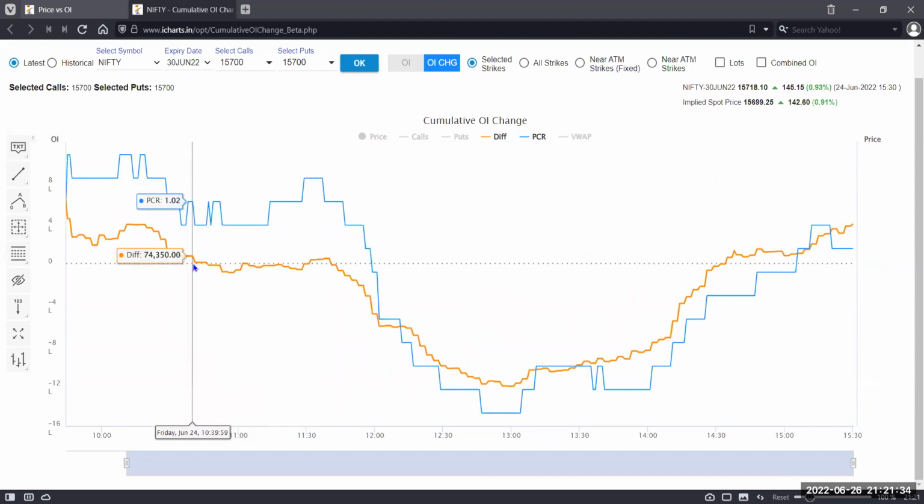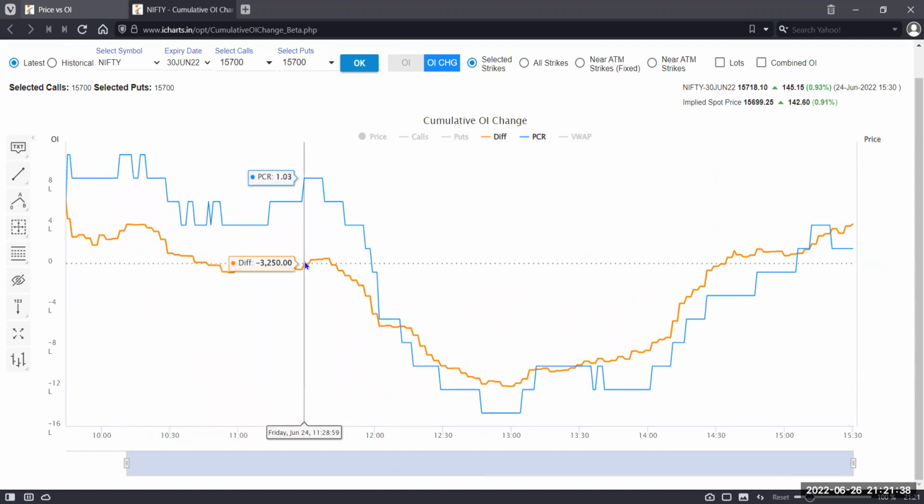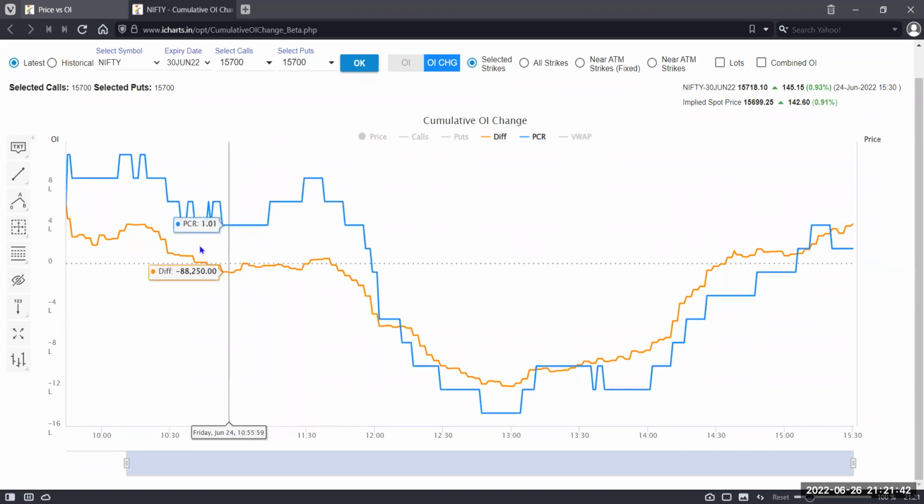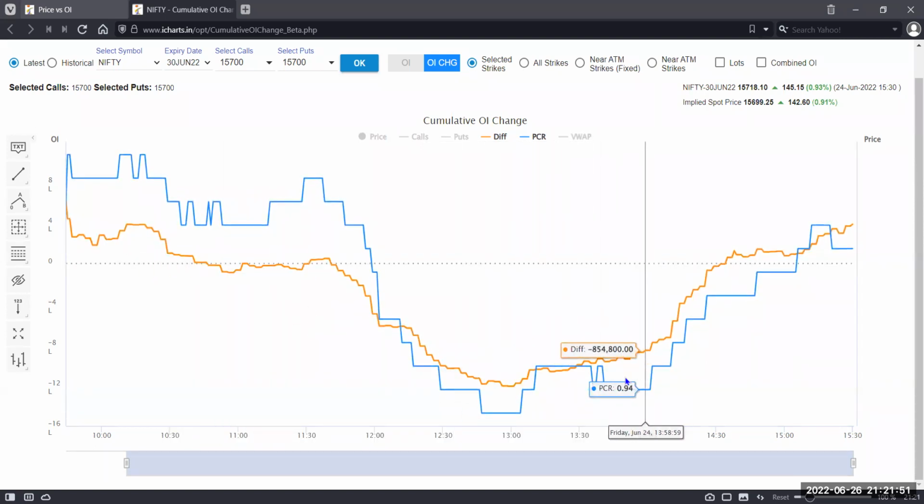This diff is put OI minus call OI. So it is the difference of put and call OIs. So this going sideways means this is not changing. The put and call OIs are basically in balance. So this indicates balance. Again, over here, it's more or less flat, slightly increasing, but mostly sideways. It is definitely not aggressively going up, but slightly trending up.